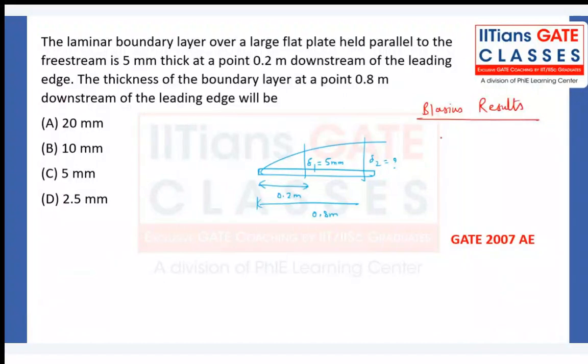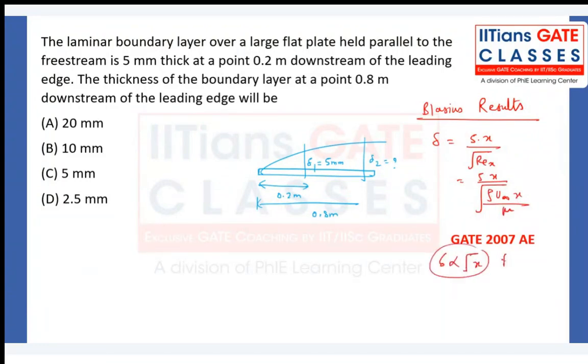What are the Blasius results? Delta equals 5 into x divided by the Reynolds number, that is 5 into x divided by rho u average x by mu. So delta will be directly proportional to the square root of x for a fixed rho u average value and mu value. So delta 2 by delta 1 will be the square root of x2 by x1.